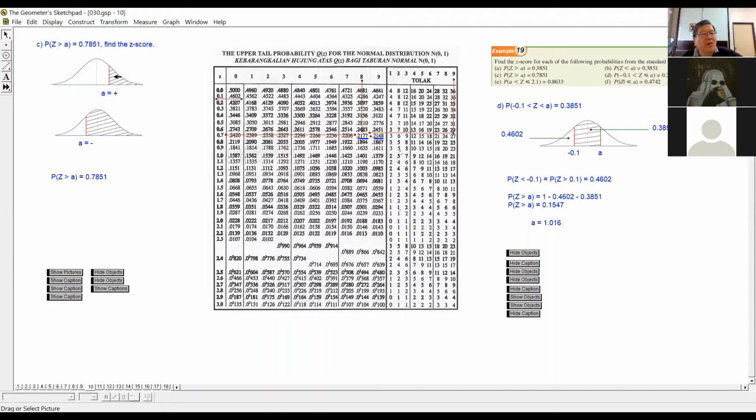Can you tell me, top one correct or the bottom? Bottom, because it is more than 0.5. So the bottom one is correct. And if the bottom is correct, you must bear in mind, after you have found the answer, you must put a negative sign in front because our A is negative.